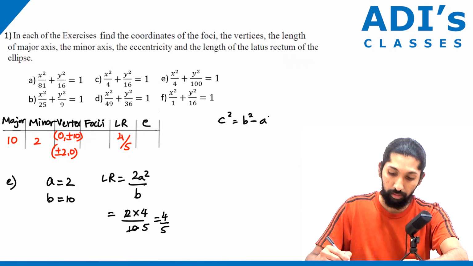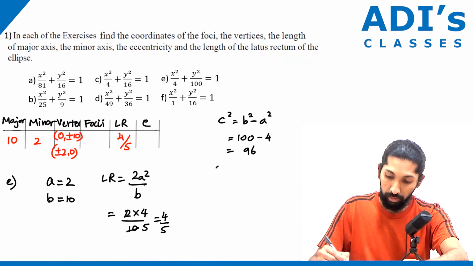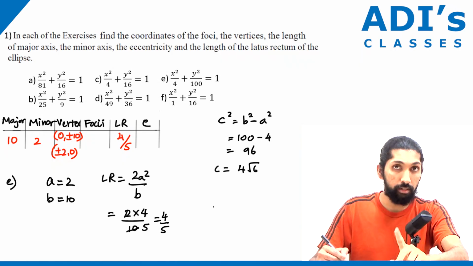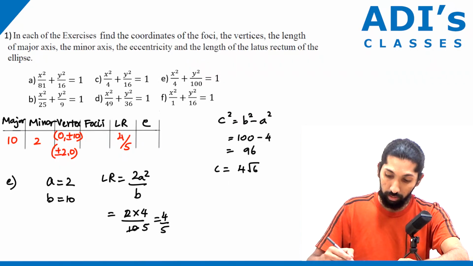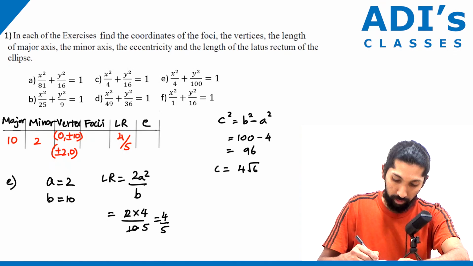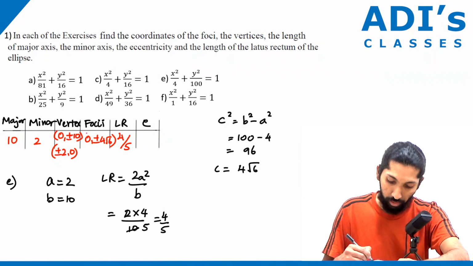So 100 minus 4, 96. So C value is 4 root 6 because 16 into 6 is 96. Fine. Now the foci is going to be 0, comma plus or minus 4 root 6. This is the value of the foci.